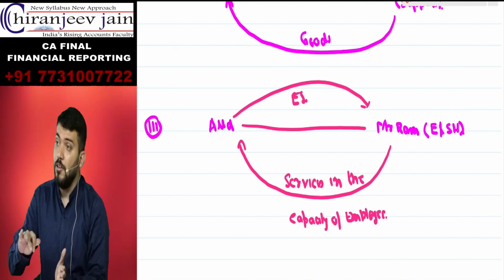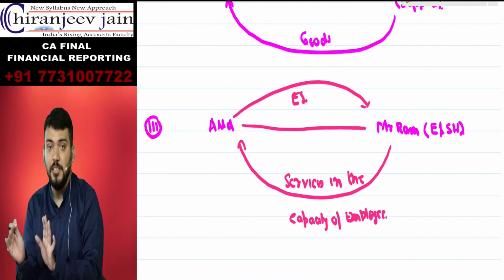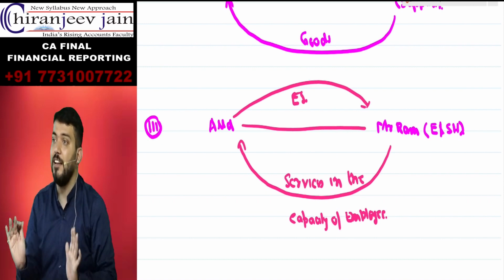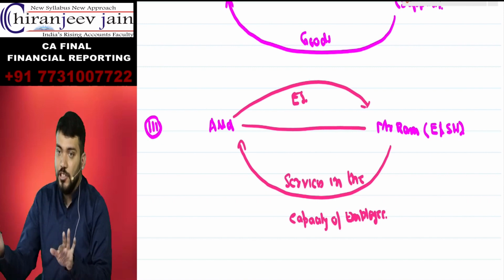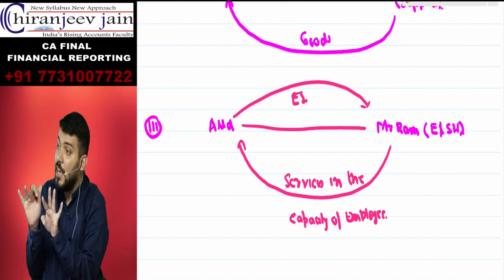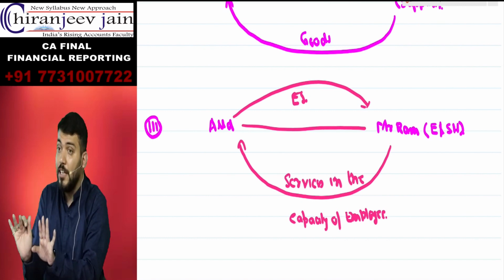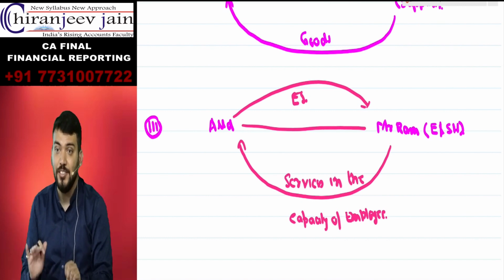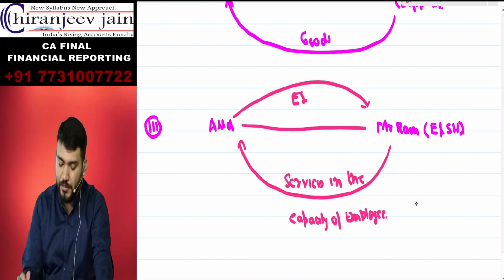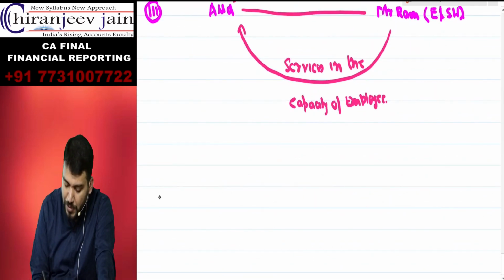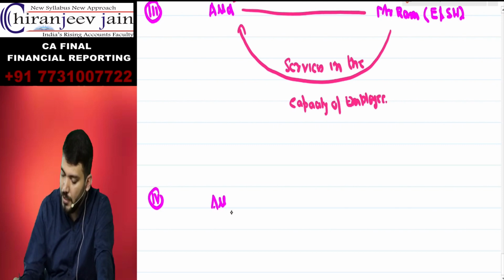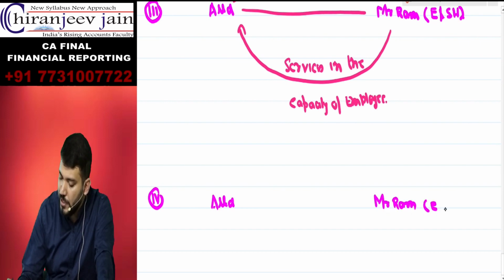So when I am saying it will not include shareholders, means the employee is not acting like a shareholder. So this transaction is done in the capacity of employee, not in the capacity of shareholders. I will take one more example. You will be able to understand this example. A Limited, Mr. Ram is employee as well as shareholder.